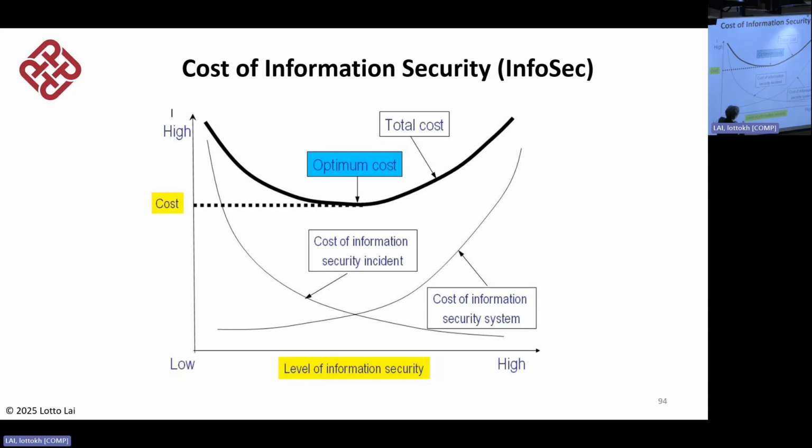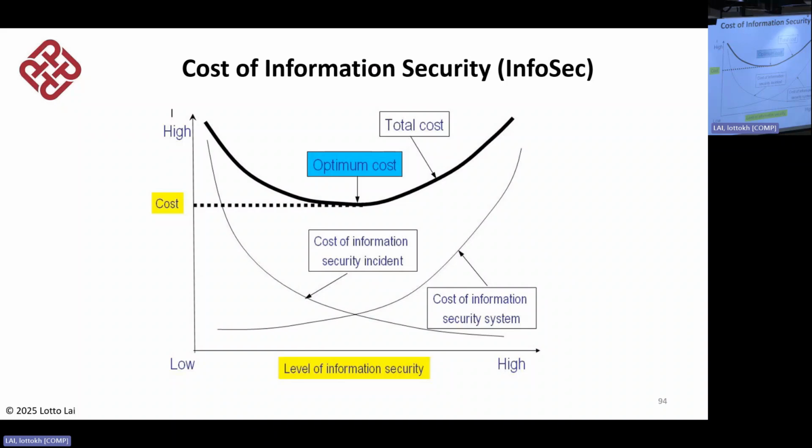So, the cost of information security is like this. If you have very high level information security, your cost is very high, but the cost from security incidents will be low.